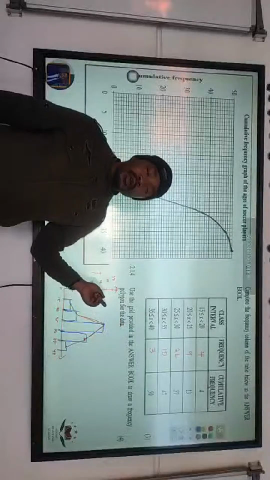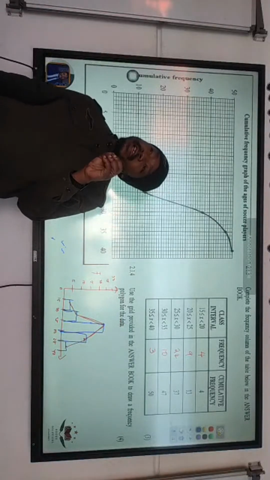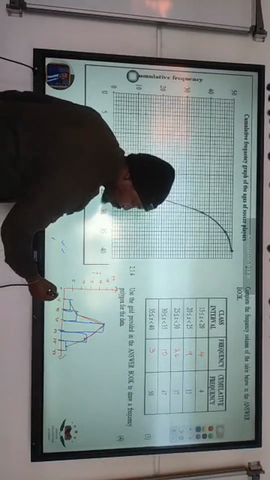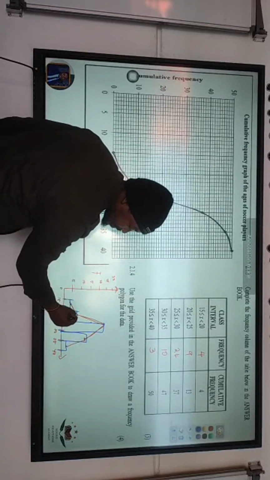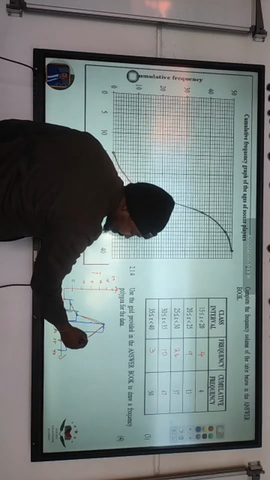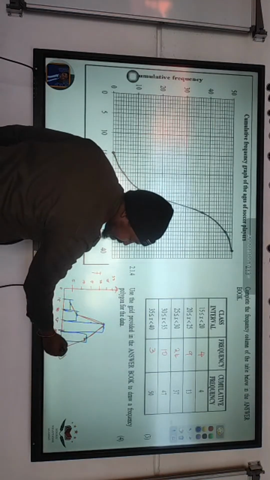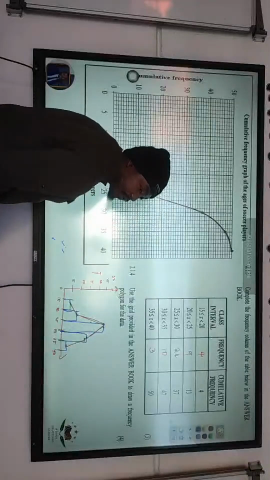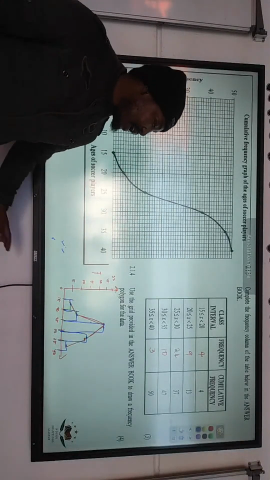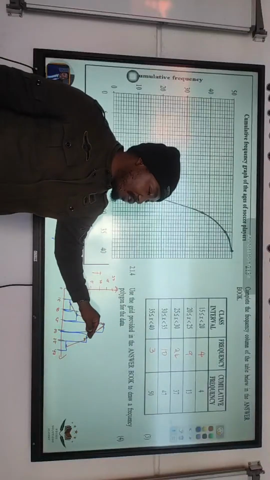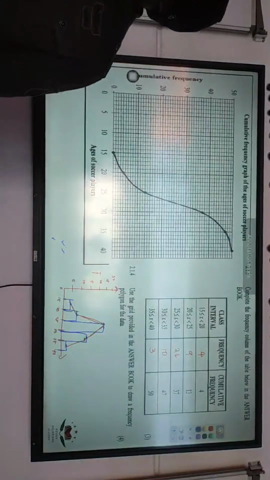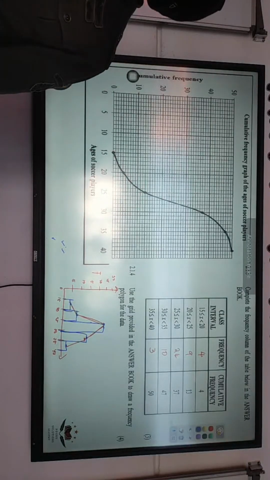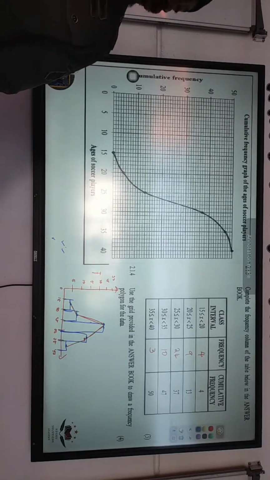So for our frequency polygon, you must always make your point in the middle of the bars of the histogram, and then this line is what we call the frequency polygon.